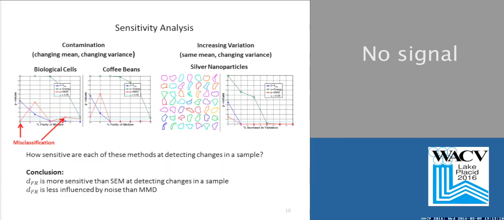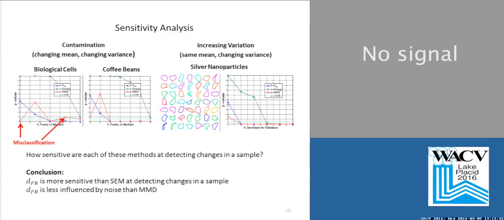Then we do a sensitivity analysis. The question is, how sensitive are each of these methods at detecting changes in a sample? In the first case, we simulate contamination, where we take a pure sample from one population and start contaminating it with shapes from another population, and ask how long it will take us to detect that contamination.